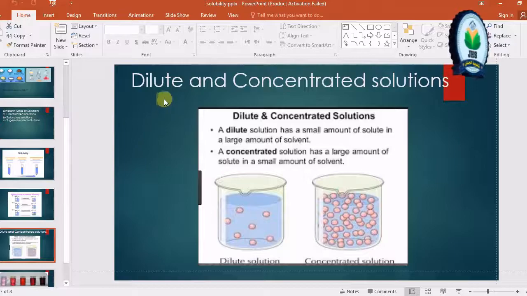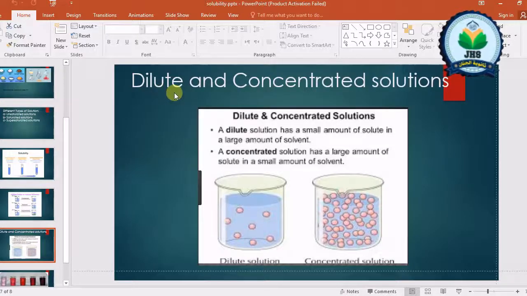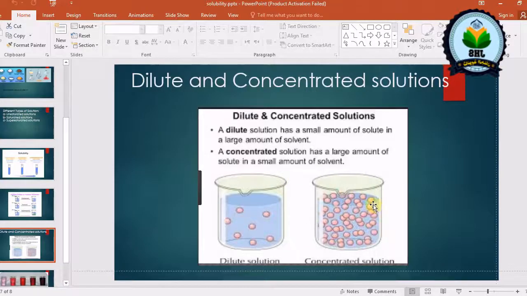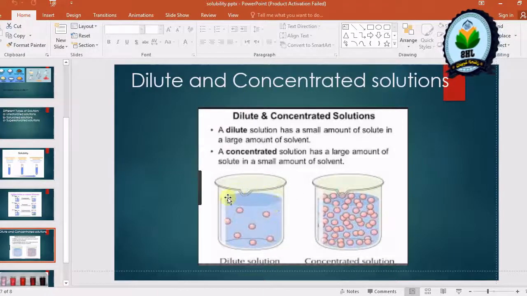In this slide, they are explaining dilution and concentration. What is dilute? A dilute solution has a small amount of solute in a large amount of solvent, while a concentrated solution has a large amount of solute in a small amount of solvent. In this beaker, let's say we have salt and water, or sugar and water, or a cup of tea.